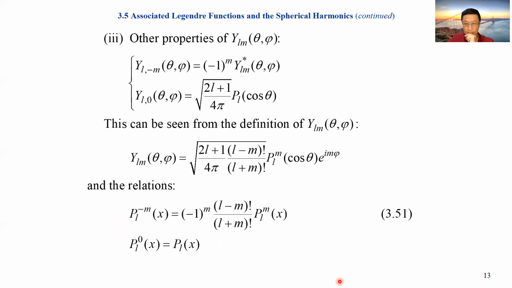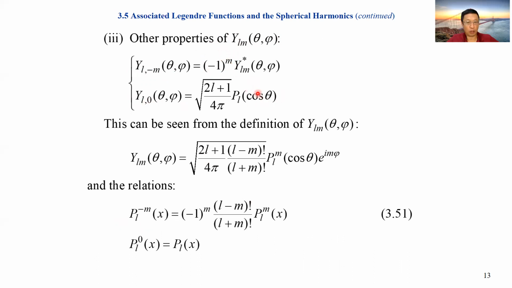Last one, to give you more properties. Last properties of Y_Lm: Y_L,-m just differs by a minus sign and complex conjugate. Y_L0, okay?